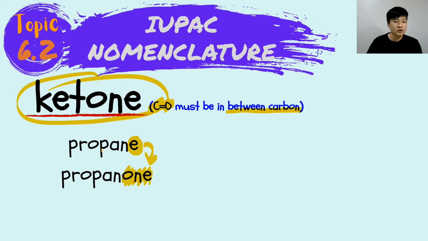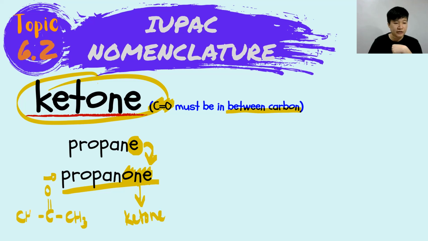So propane becomes propanone. That is your ketone. The O-N-E represents ketone. And propanone over here is a 3-carbon ketone, which is your C double bond O holding CH3 and CH3.